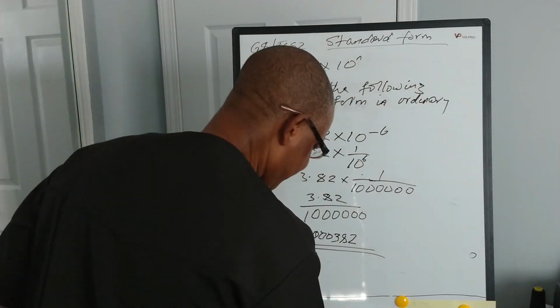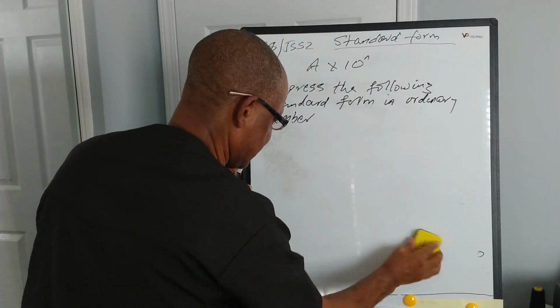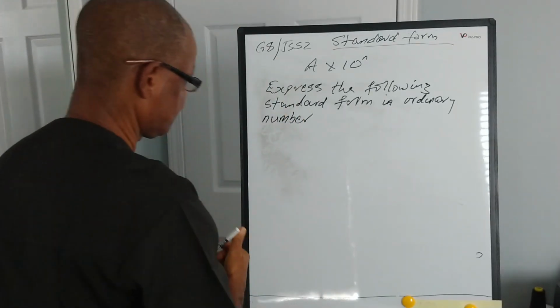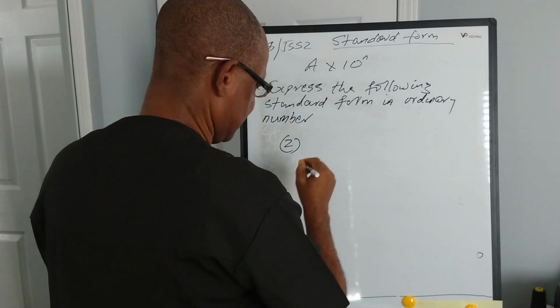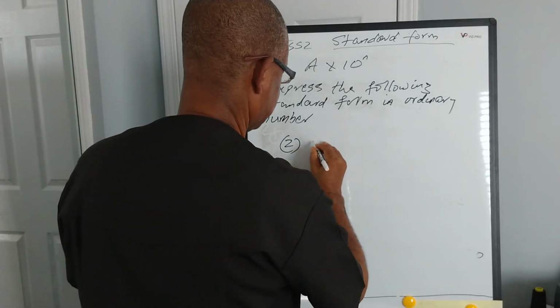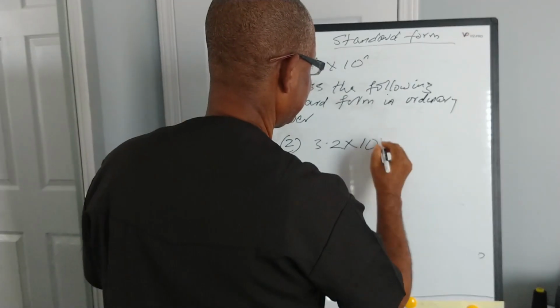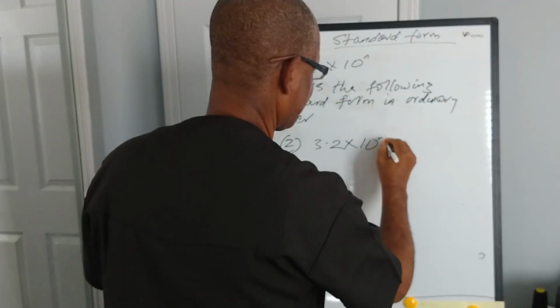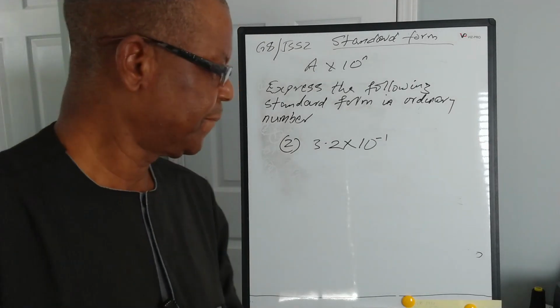Can we have another example to this? That is number 2. Example. What we are given is 3.2 times 10 raised to the power minus 1.